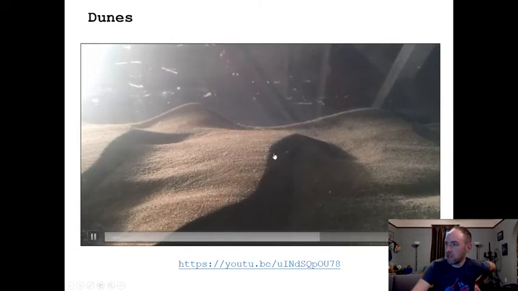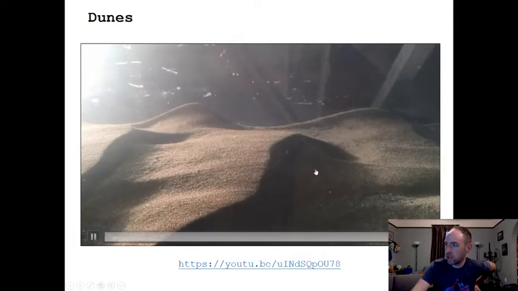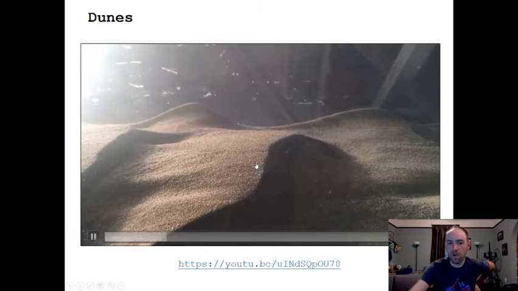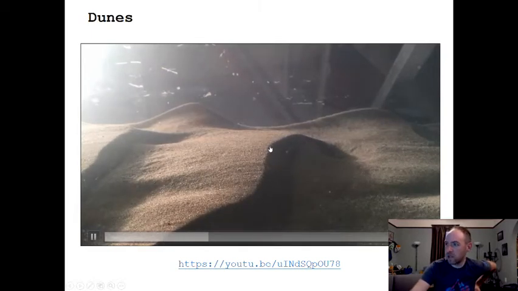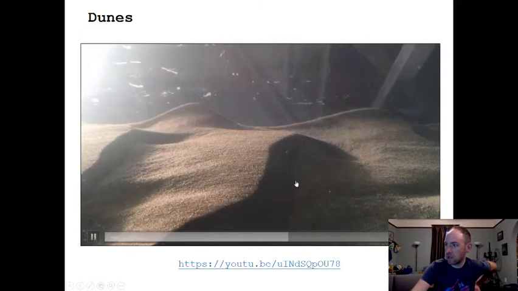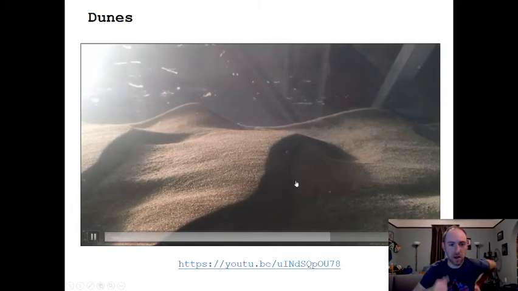So as the flow decelerates right here at the brink, you get a flow separation, and you get this turbulent eddy, and the particles can't fly any further past there, most of them, and so they get deposited right there at the brink, and you can watch the dune migrate downstream as a function of that, okay?